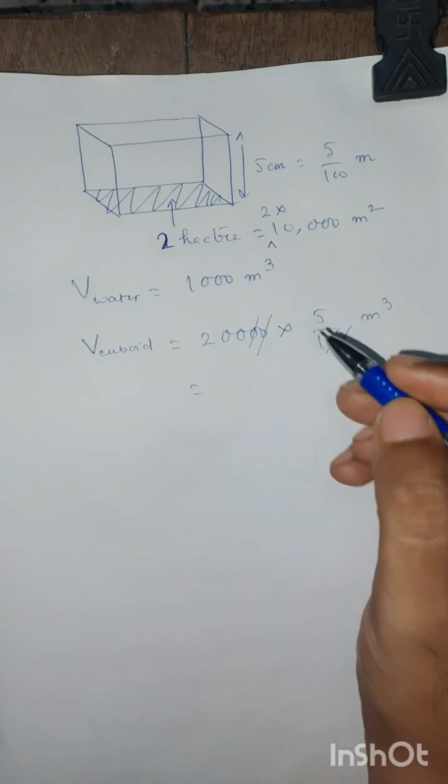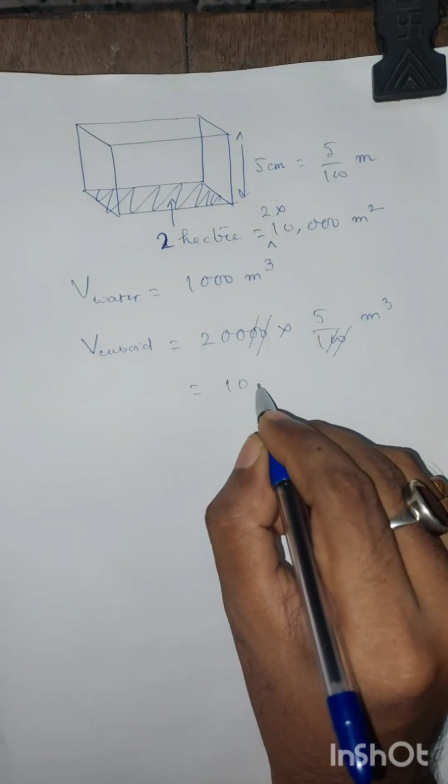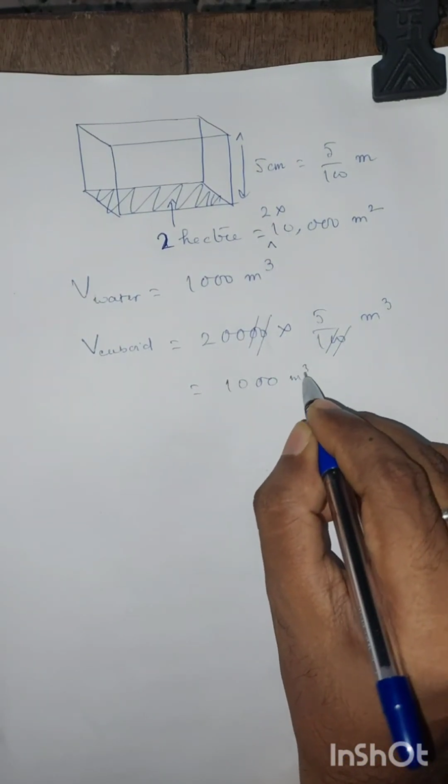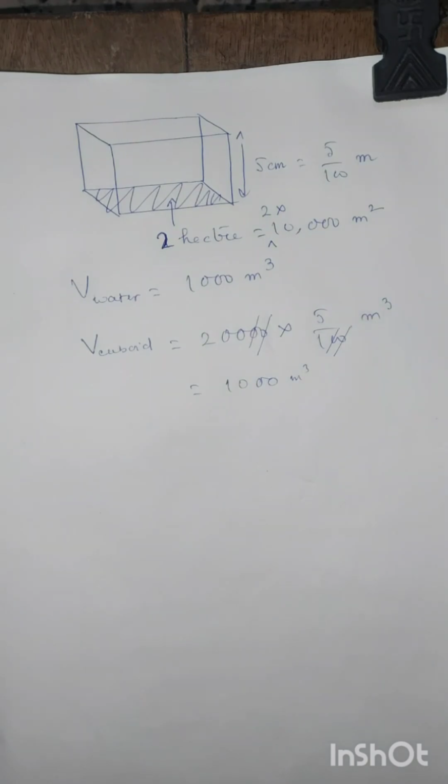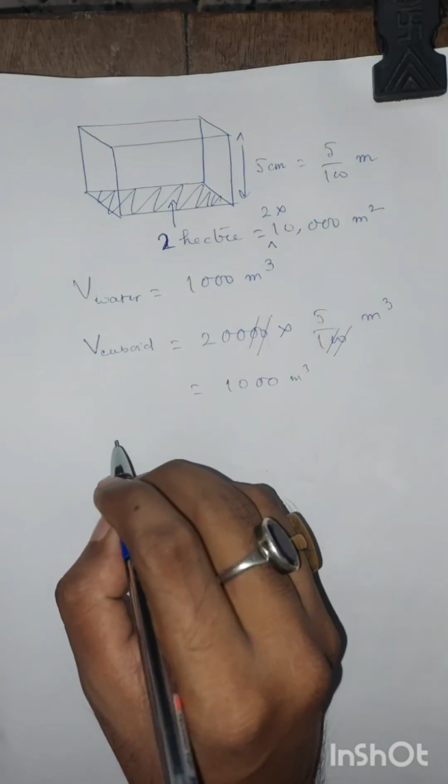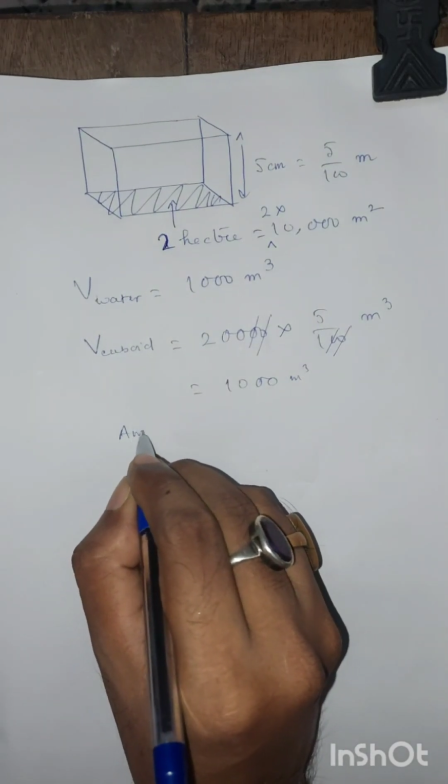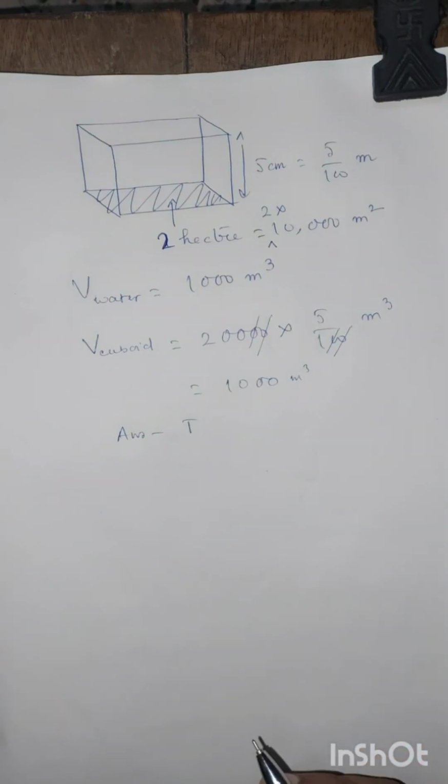This gives us 1000 meter cube. So these two values are equal. That means the given information is correct. So the answer is true.